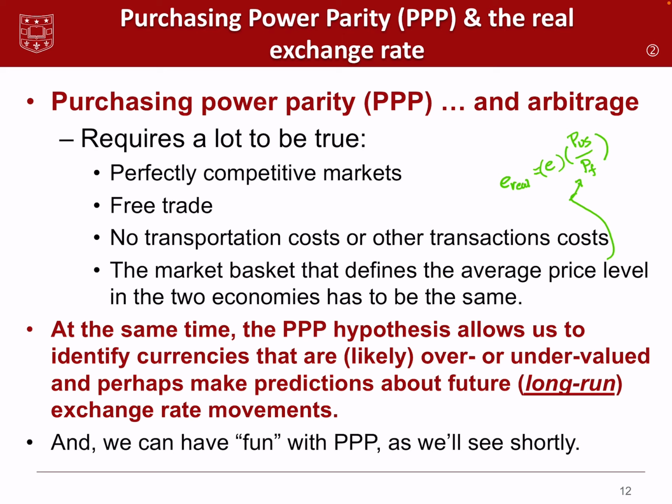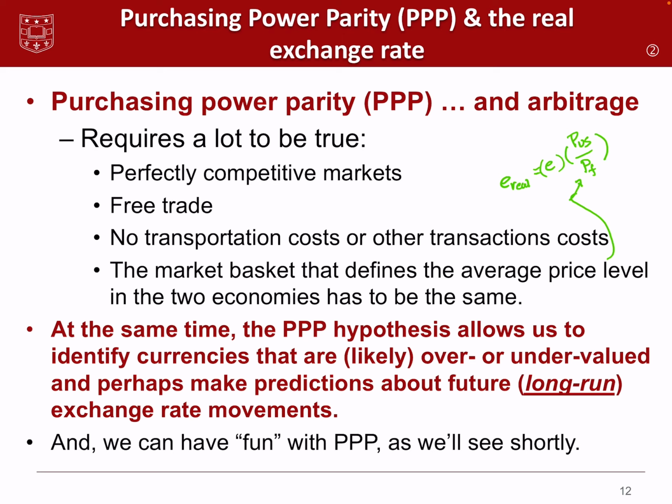The average price levels would have to be constructed with basically the same market basket, the same types of goods and services and the same weights. And that's also something that does not hold. The typical market basket for a Chinese consumer, for instance, and that goes into the calculation of an average price index in China, is going to be different from the typical market basket for a US citizen.